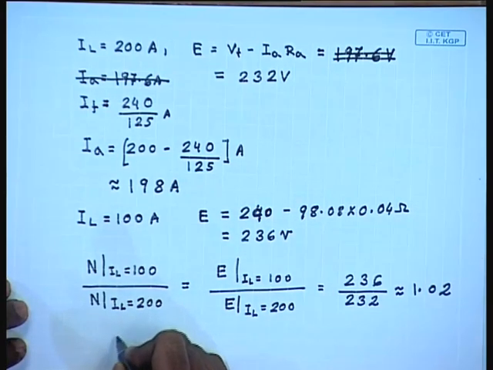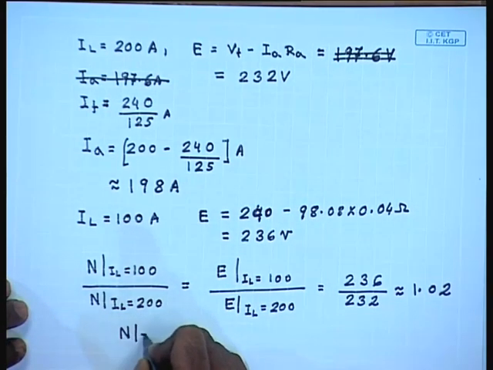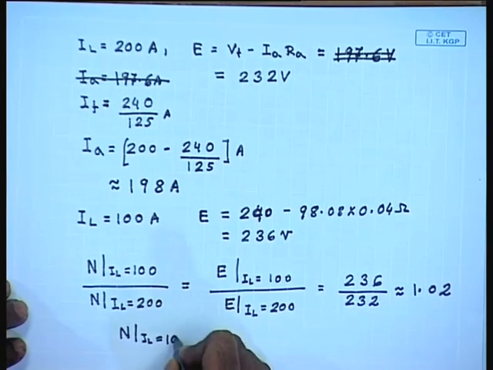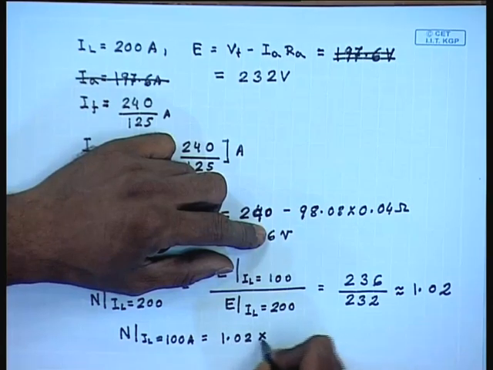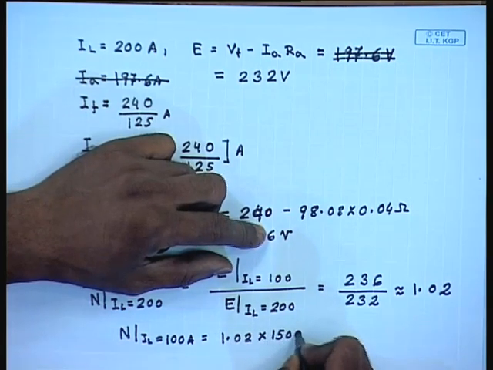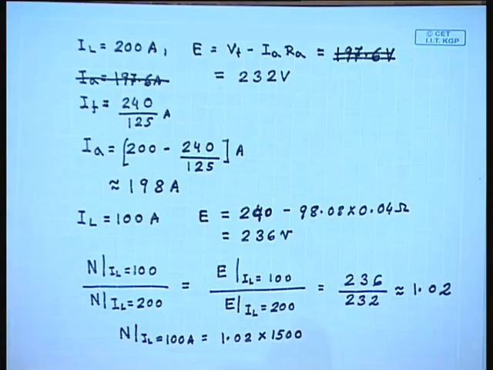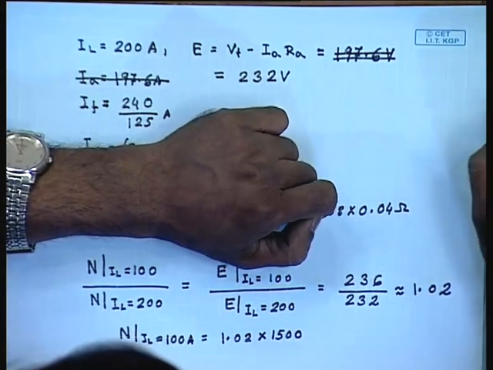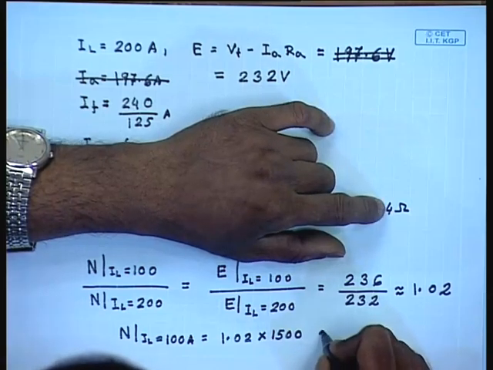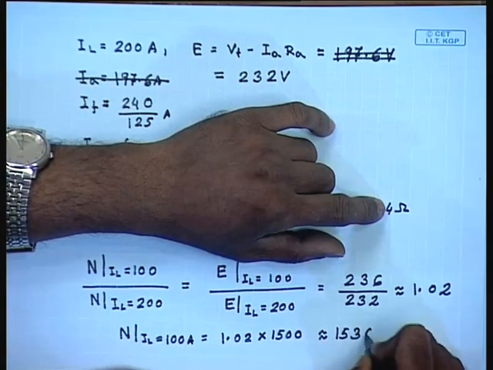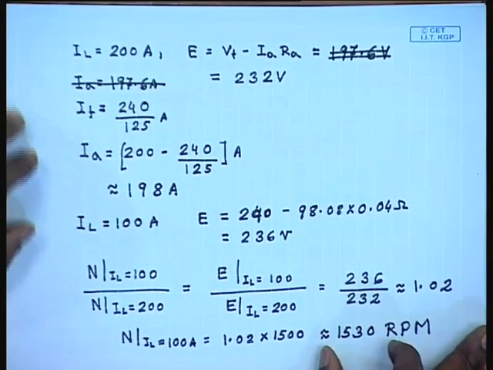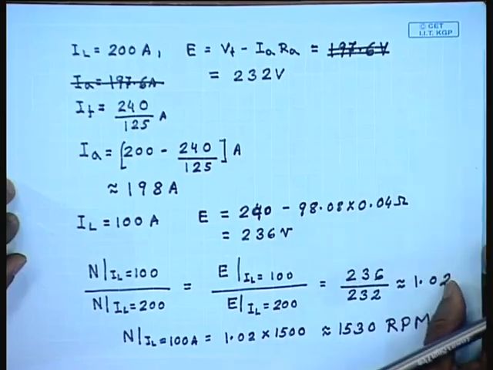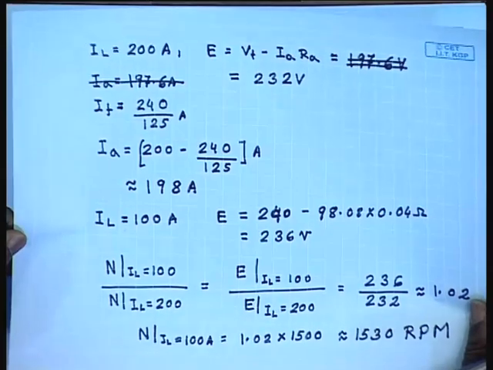So, N at IL equal to 100 ampere equal to 1.02 into 1500, approximately equal to 1530 RPM. So, there will be a 30 RPM increase in speed if the load current decreases from 200 ampere to 100 amperes.